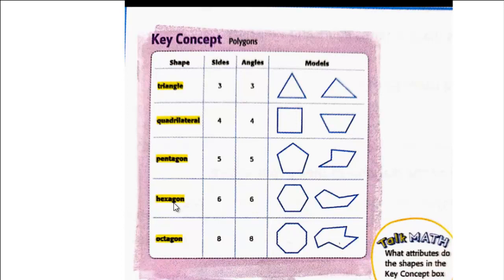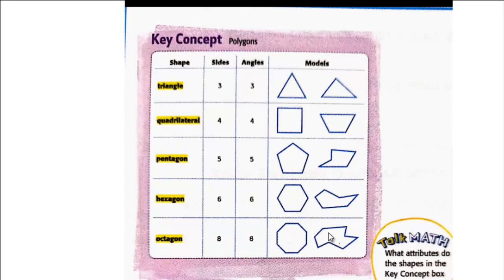Here, hexagon. Sides: 1, 2, 3, 4, 5, 6. So right here, 6. Angles. How many angles? Let's count how many angles here. 1, 2, 3, 4, 5, 6. So right here, 6 angles. Here, octagon. Sides.